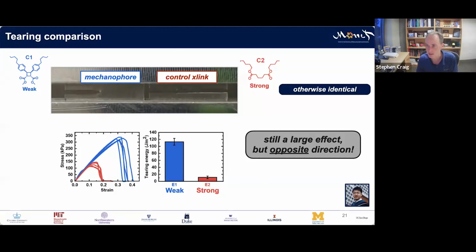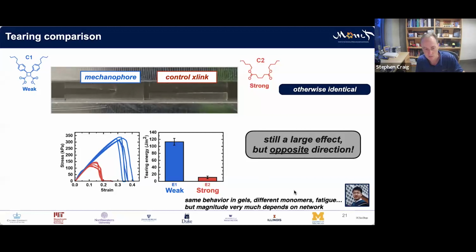Okay, and I'll just say, we've done this not just with this polymer, with other polymers, done it in gels as opposed to elastomers, looked at cyclic loading and fatigue. The exact difference between the mechanophore and the control depends a little bit on the conditions and the polymer, but qualitatively, we always see this, okay? And it's the opposite direction, right?